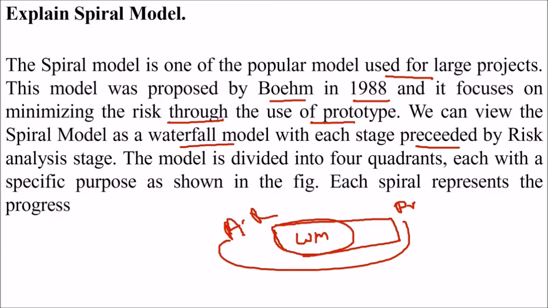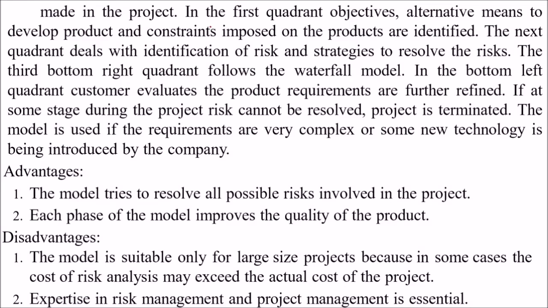The model is divided into 4 quadrants, each with a specific purpose, as shown in the figure. Each spiral represents the progress made in the project. In the first quadrant, the objectives, alternative means to develop the project, and constraints imposed on the project are identified.